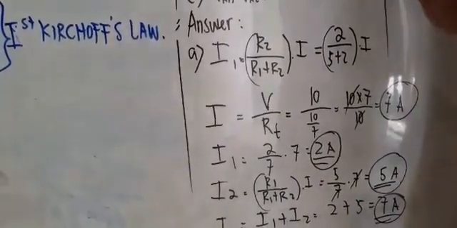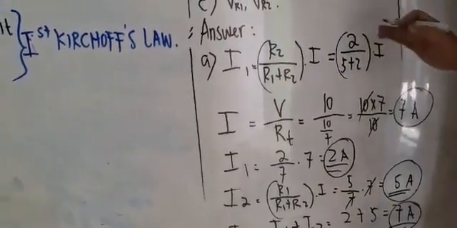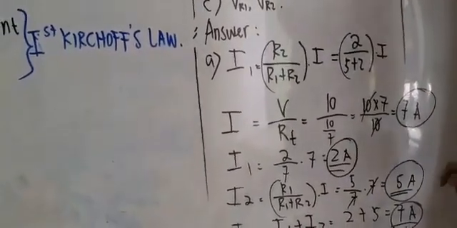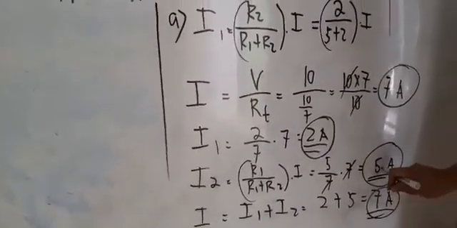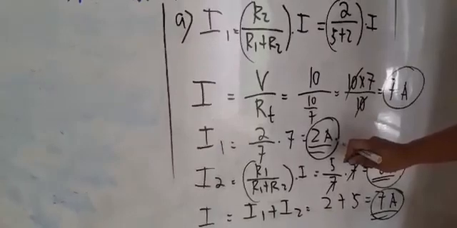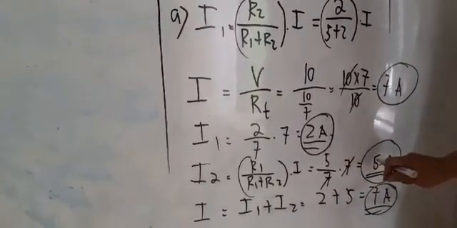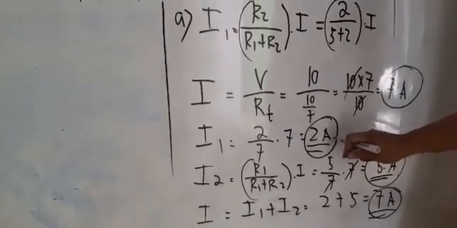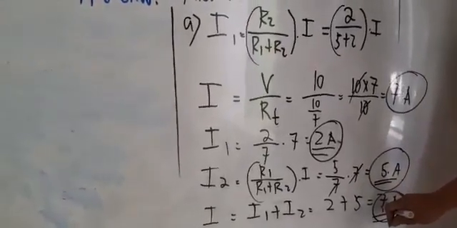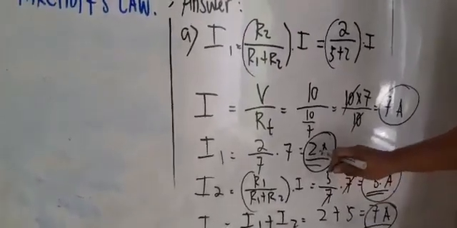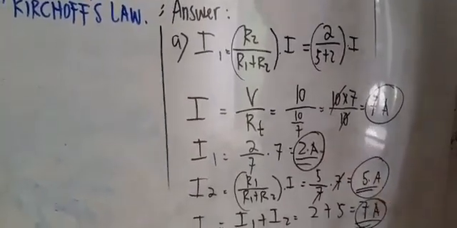The main thing that you have to know about the parallel circuit is that the components of the current, which are 5 and 2, the sum, or the total current, must be the same as the main current, which is 7. You see that 2 plus 5 is 7.